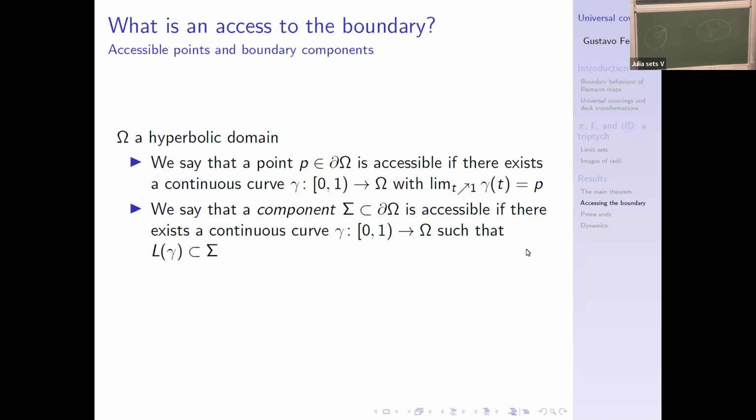What's the landing set? It's the set of all accumulation points of the curve. So for a curve that does something like this, the landing set will be this boundary component.